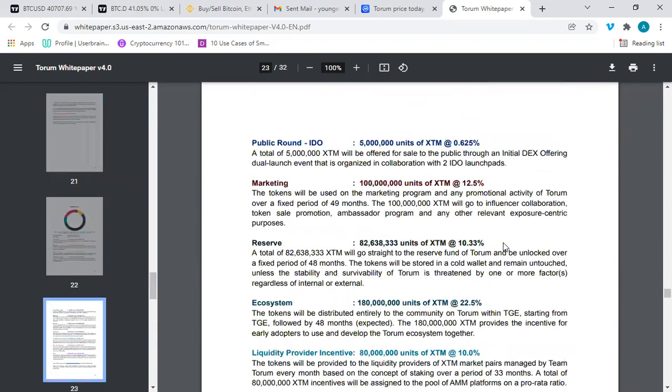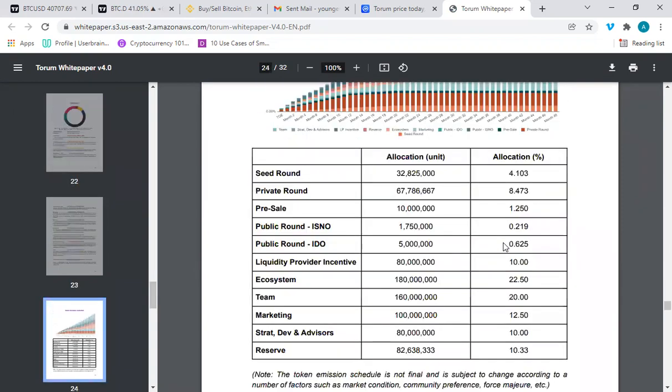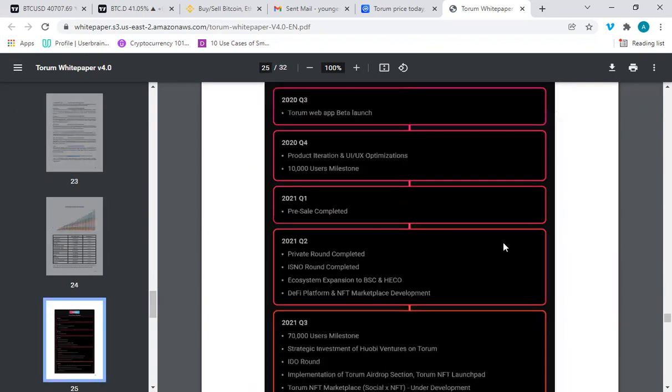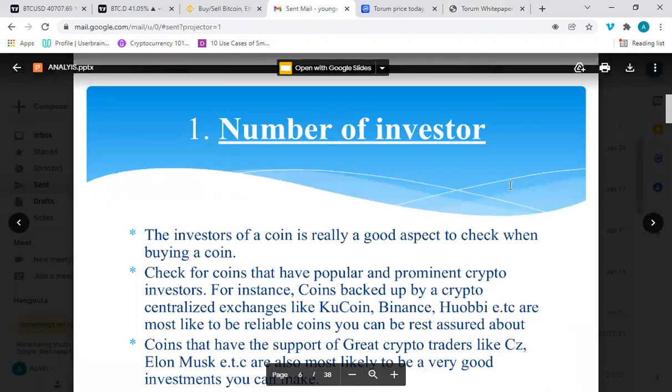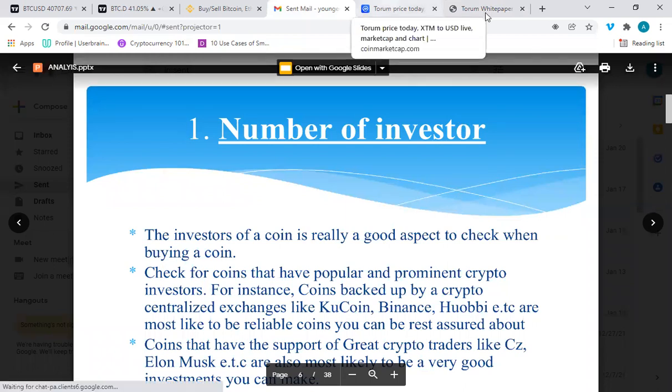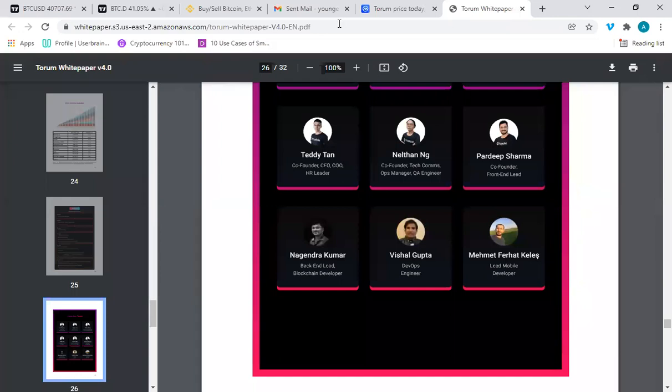Probably in the Zoom class, I'll try and find coins that show their investors. Another way is you can check Twitter. You can check Twitter and search for the investors too. Let me go to Twitter.